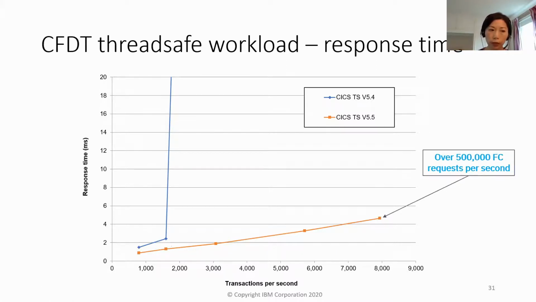So there is a limit on how many transactions you can get through in that CICS region. But for the thread-safe CFDT workload, the response time steadily increased a little bit, with the transaction rate up to 8,000 transactions per second.